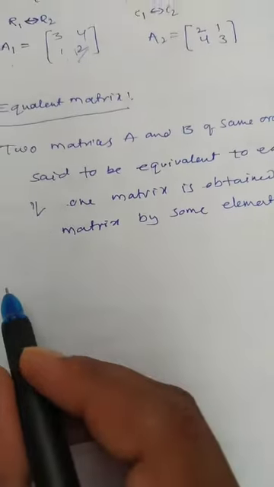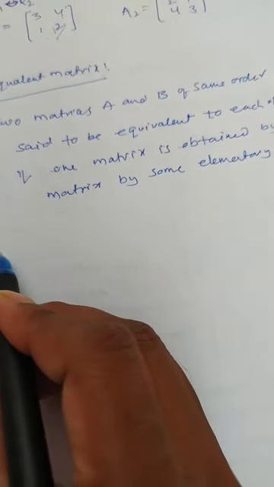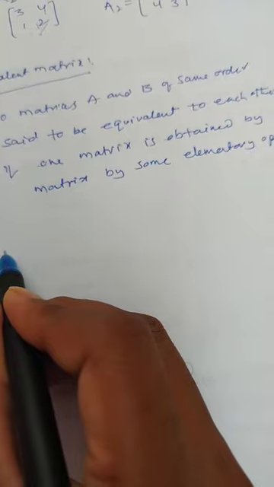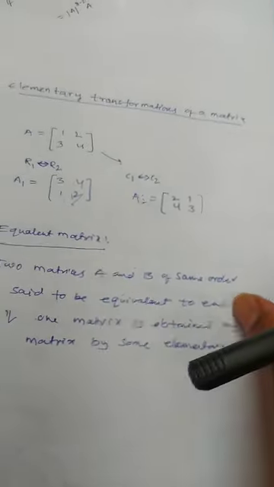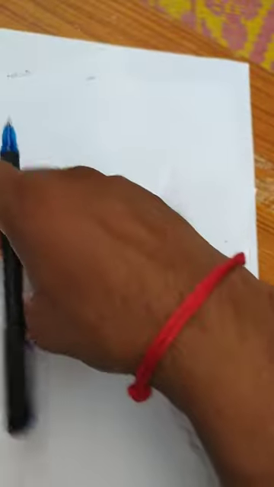Now let me explain one more important topic, that is row echelon form. This is an important topic.